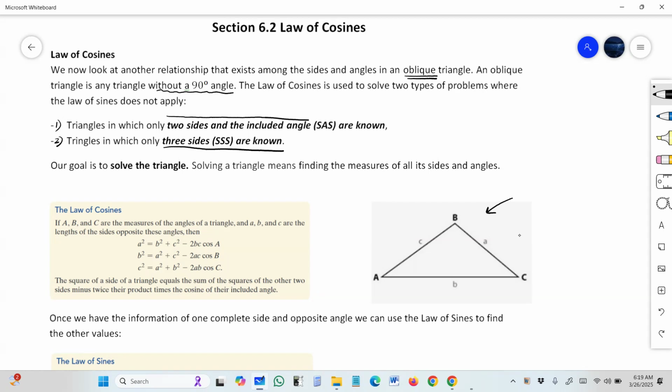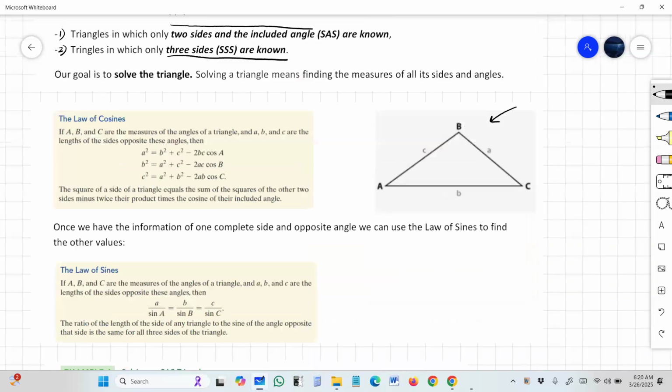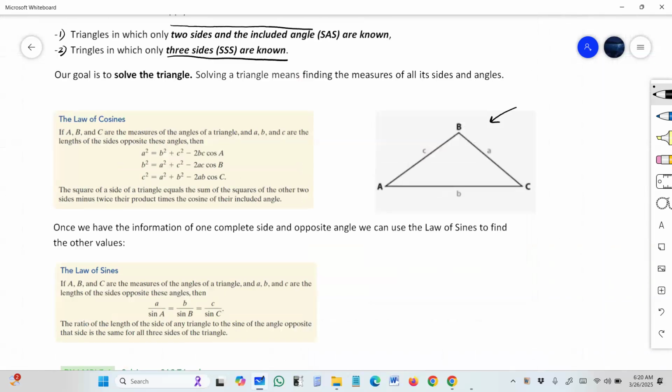Now, the only reason we need the law of cosines, and now I'll remind you here about the law of sines again. In fact, I'm going to show you right now. So here are both law of cosines and the law of sines. So you remember covering law of sines.